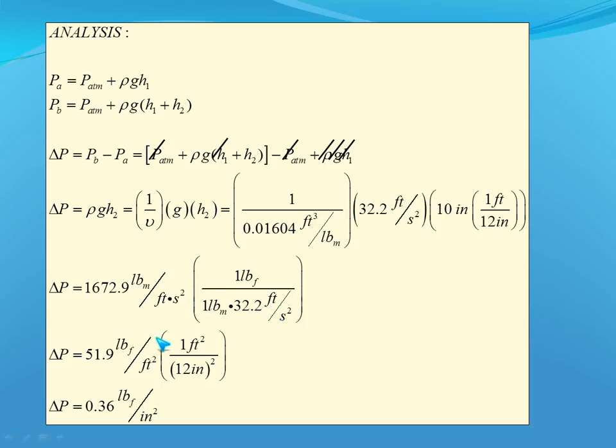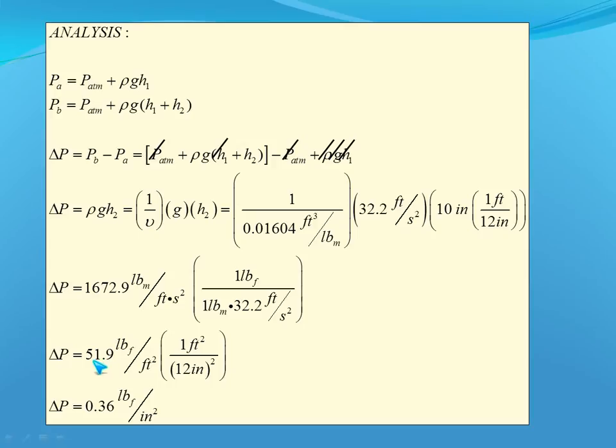So the pound mass is going to cancel there. The feet squared are on the denominator, and the seconds squared are going to cancel as well. So we'll be left with pound force per foot squared, right?